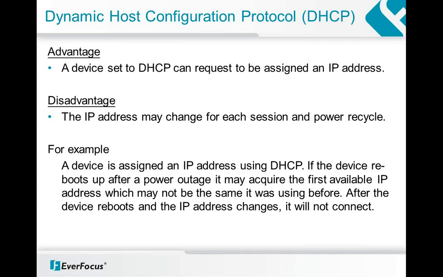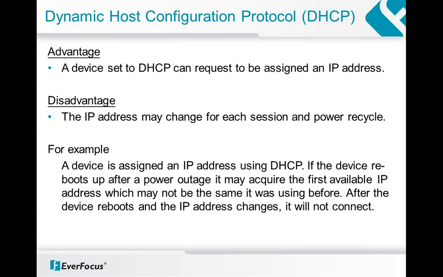The disadvantage, however, is that the IP address may change for some reason, whether you're losing power or the device reboots or something like that. The negative with DHCP is that when it powers back up, or when you regain power, it may capture a different IP address.